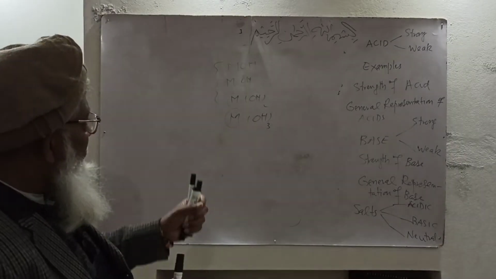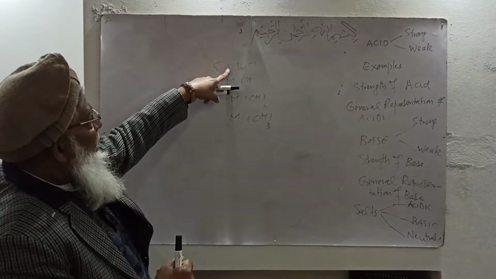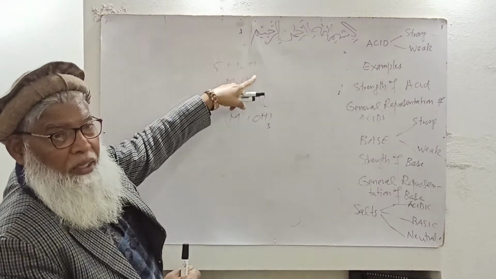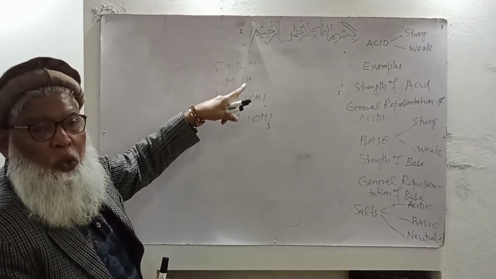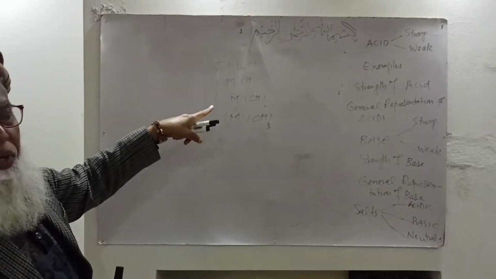If the charge density of the metal ion is greater, its hydroxyl ion releasing potential will be lower. So that base will be considered a weak base.